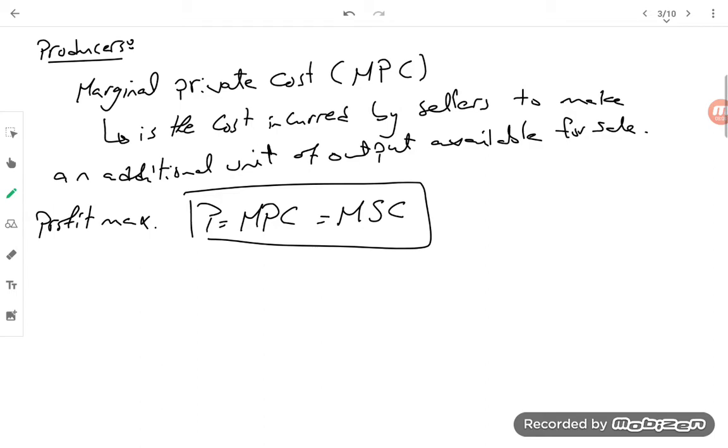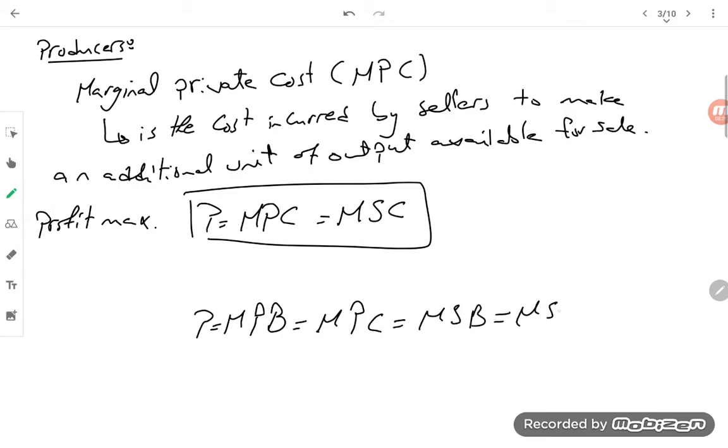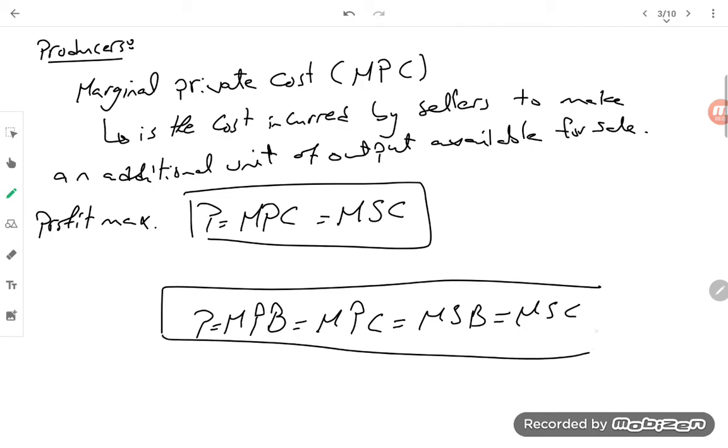So in case of competitive markets, price equals marginal private benefit equals marginal private cost equals marginal social benefit equals marginal social cost. This is the efficiency condition in case of perfect competition.